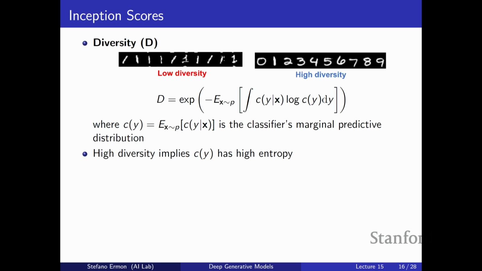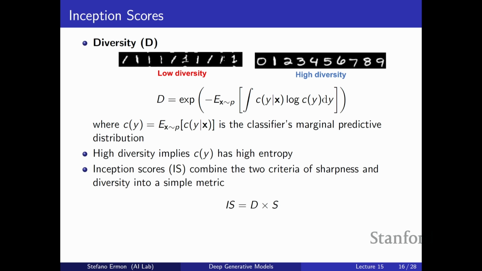So the model is not just producing one digit. That's the formula. Again, it's looking at the entropy of the marginal distribution. Then the way you get the Inception score is you multiply together these two numbers. A high Inception score is good because it means that you have high diversity and high sharpness.